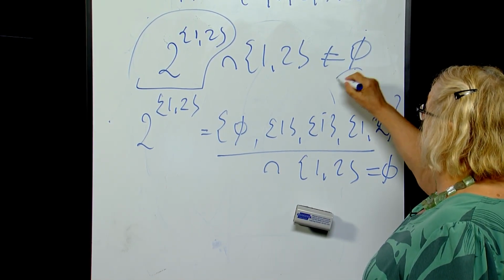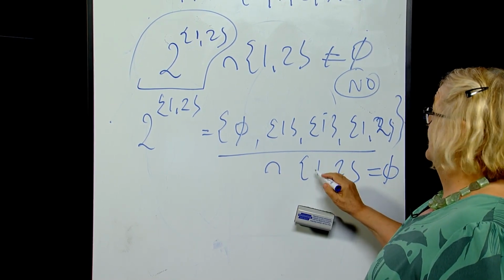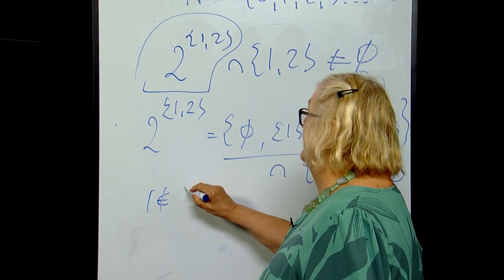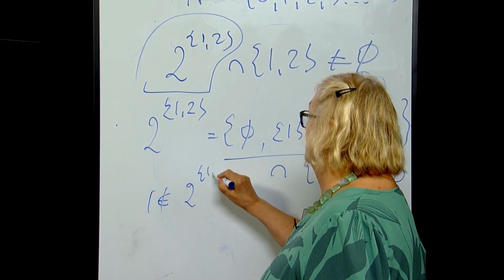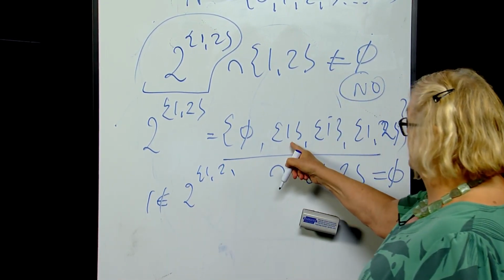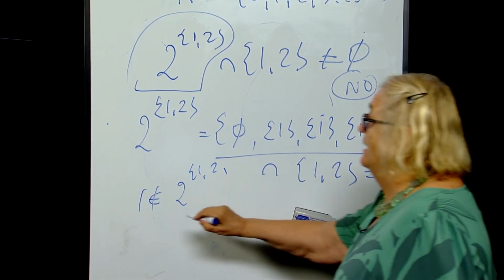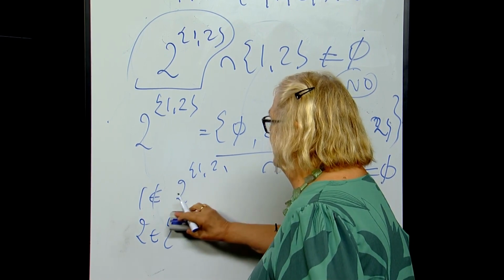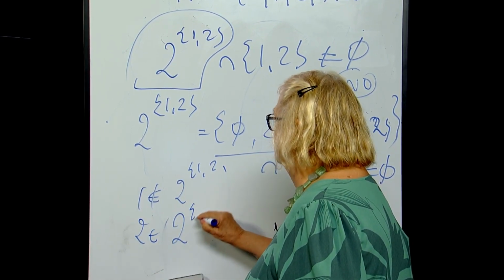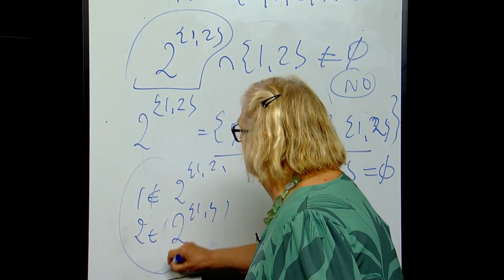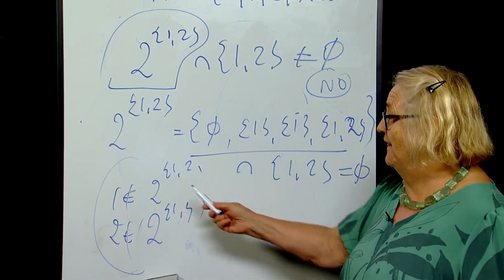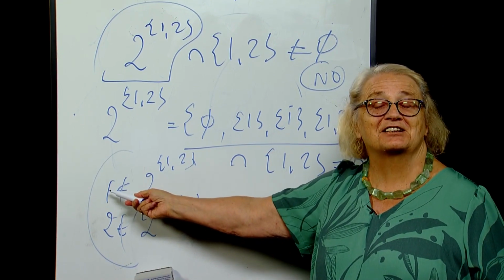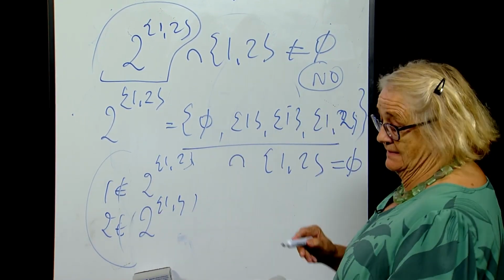The answer is no, because it's empty. 1 is not an element of 2 to the power {1,2}. You don't have the set {1}, but 1 isn't an element, and 2 isn't an element. Of course, you can see immediately that it is impossible, because elements of this set are always sets, and 1 is just a number. So the answer is no.